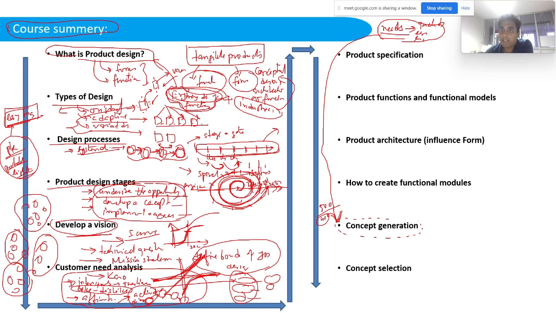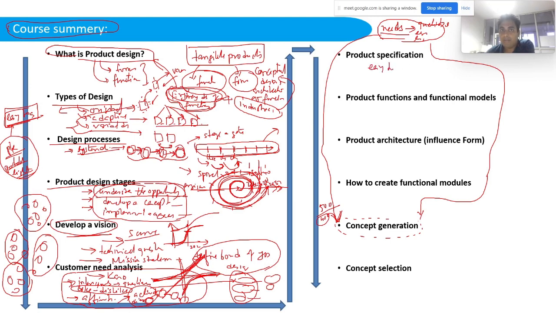So rather than ideating or conceptualizing on qualitative needs or requirements, it is better we go more methodologically via a product design systematic approach, where first we need to set certain specifications for the need statements.